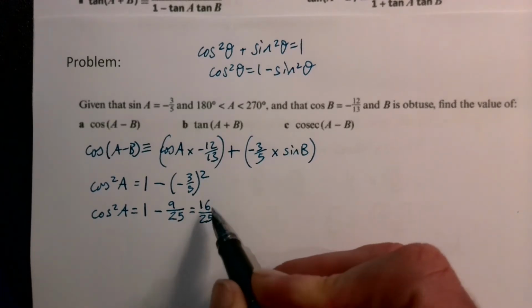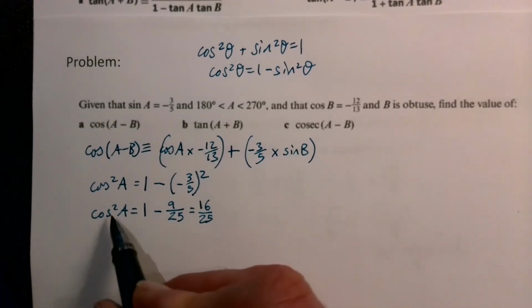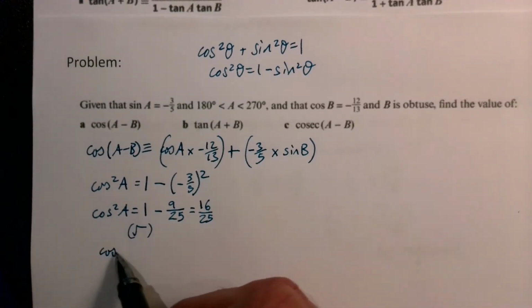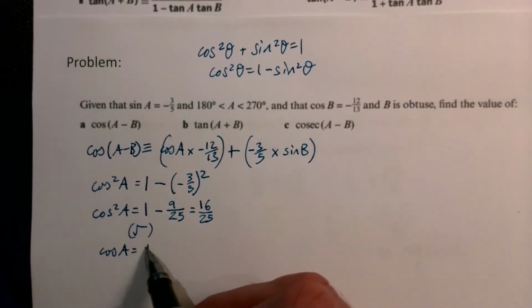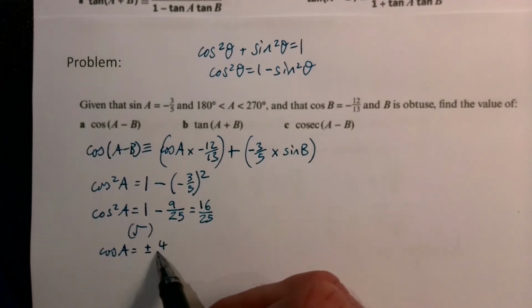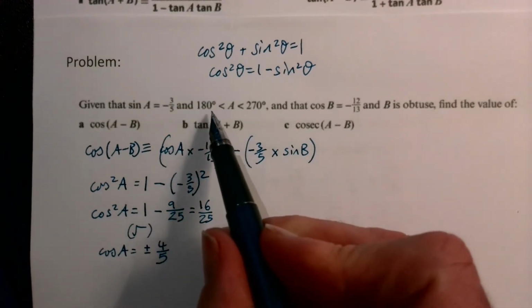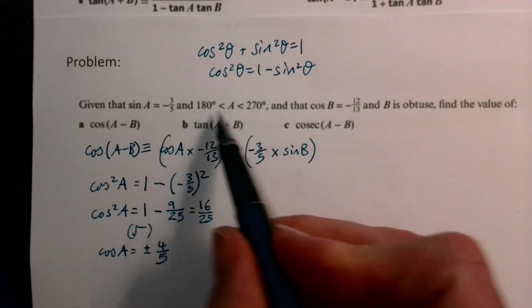And the reason that's nice is they are both square numbers, so when I do the square root of both sides, I'm going to get cos A is equal to plus or minus 4/5. Now, the problem is it can't be both. I need one value to go in here. So the next place to look is where the angle is between.